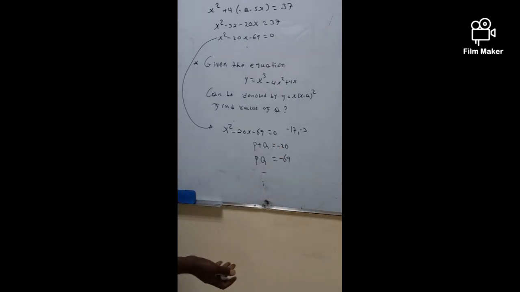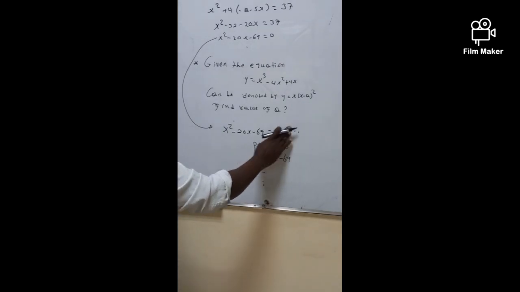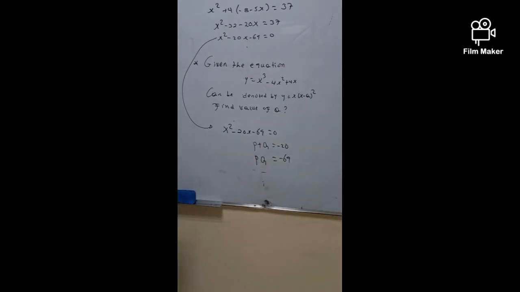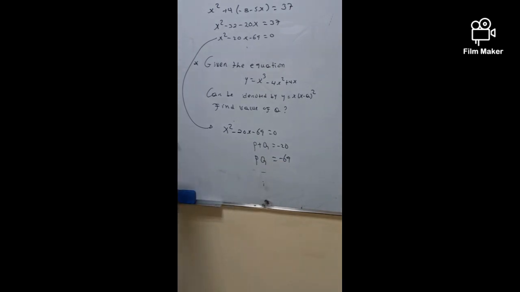So what are the numbers whose sum is exactly negative 20 and whose product is negative 69? So we need to find the two numbers that can give this sum and this product. How are we going to find two numbers whose sum is this and whose product is exactly negative 69? So what are the numbers?